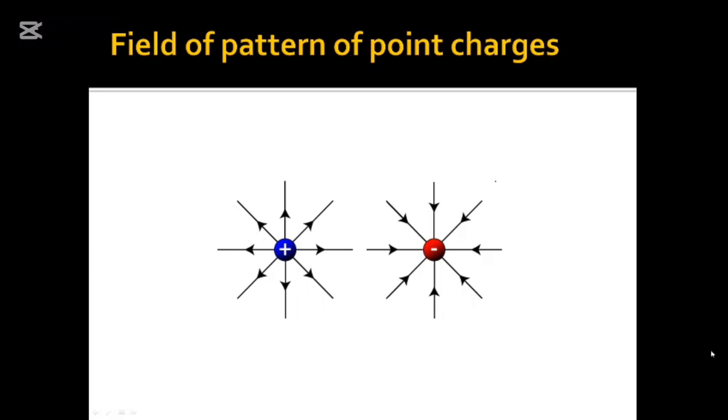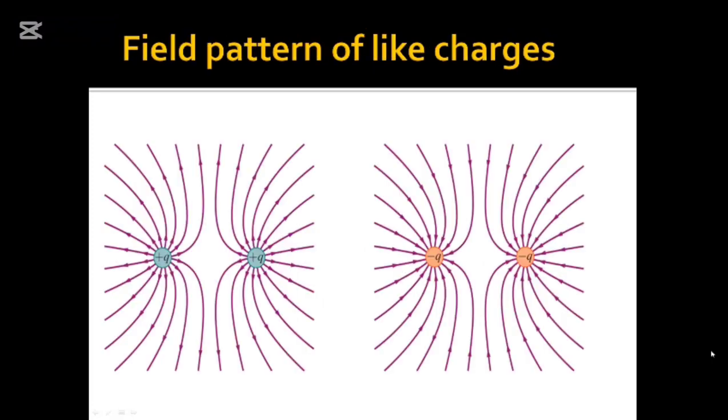And any option that has negative moving outside, they are wrong, no matter how the diagram is. So this one now is the field pattern of point charges. I'm discussing them one by one. So look at the positive is outward, and look at the negative is inward. And it remains that way. It cannot change.